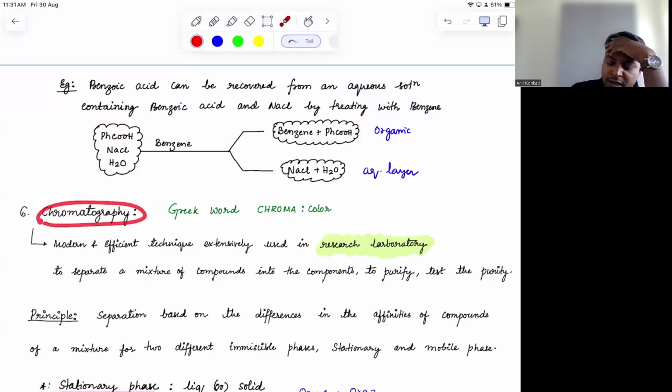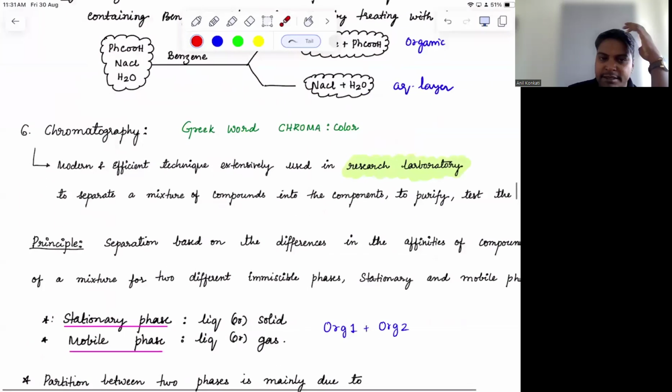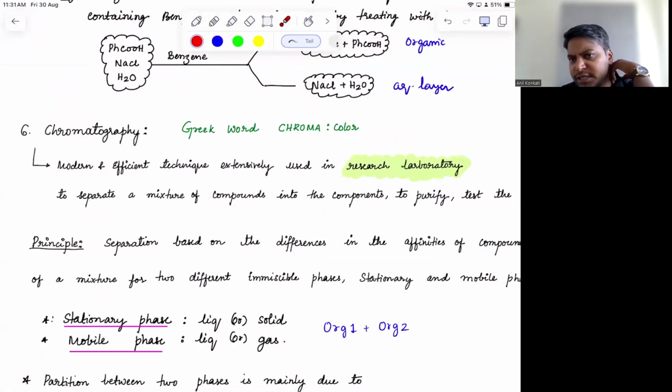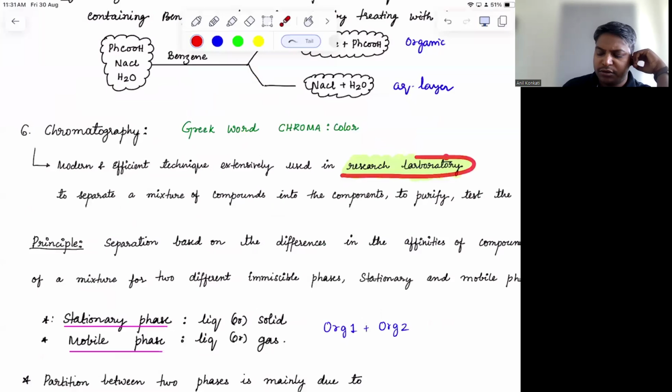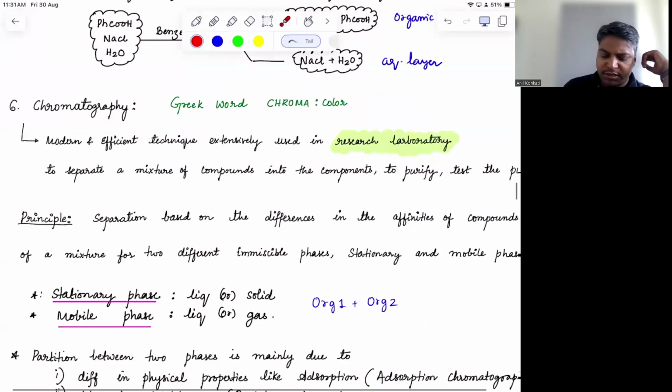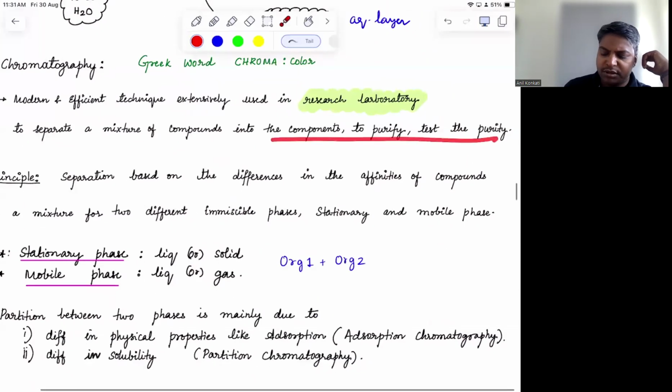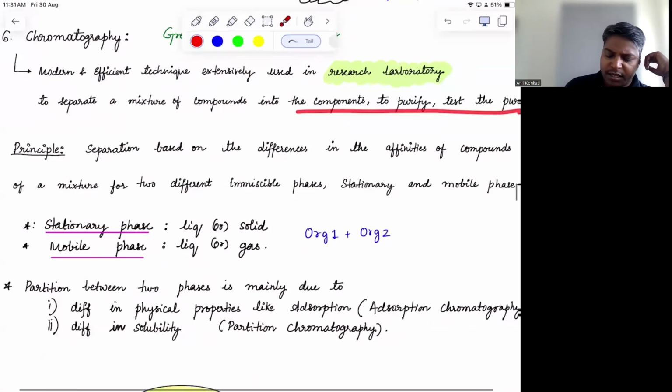Next, the next technology used is chromatography. Chroma as in color. So this is the most efficient technique, and most of the research laboratories use this to separate any compounds and then purify it.